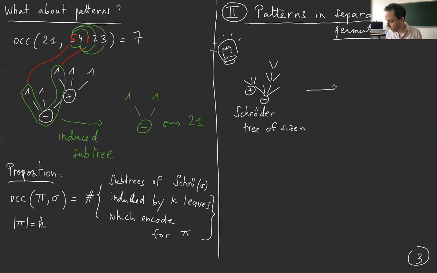And the main idea is that when n goes large, in some sense, a large Schroeder tree looks like a continuum fractal object, a continuum fractal tree, which is called Aldous continuum random tree.